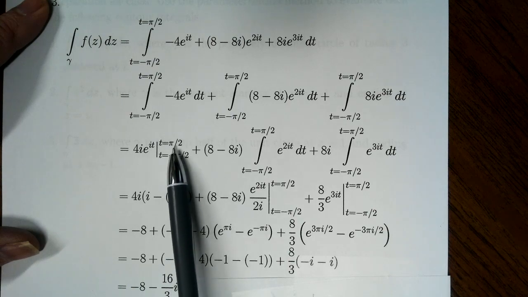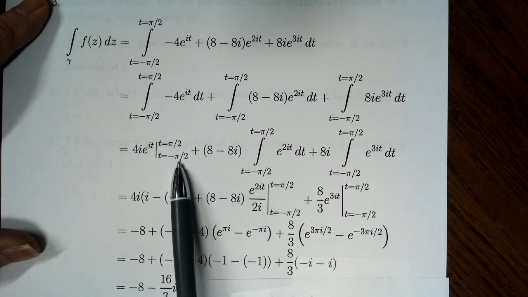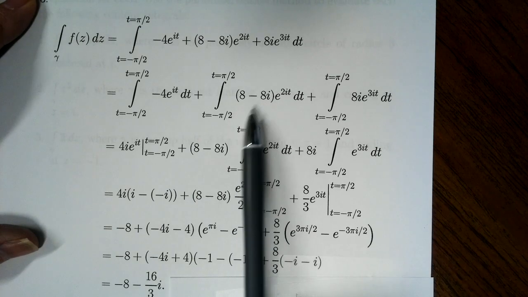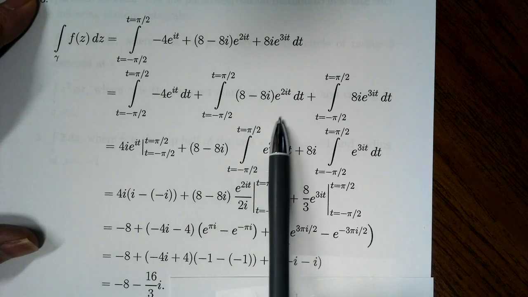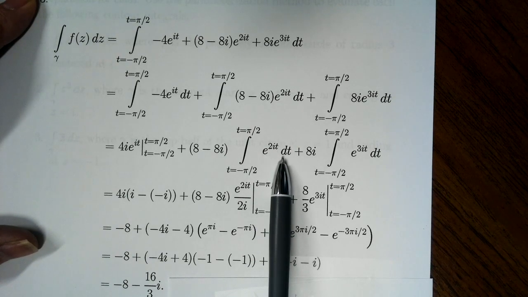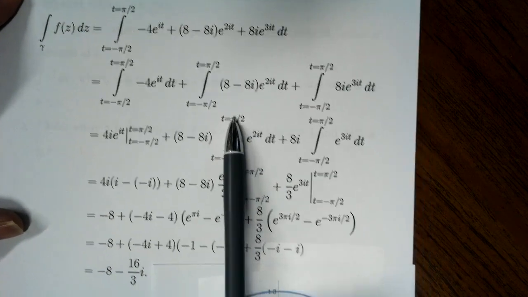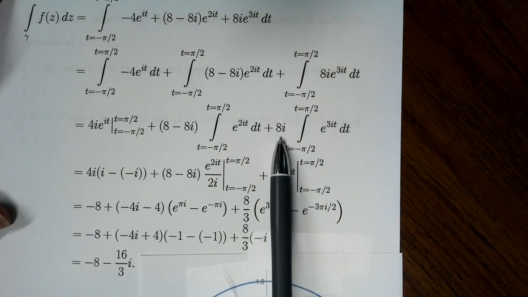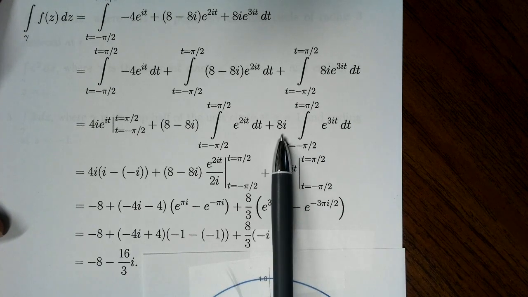We're going to have to evaluate that at pi over 2 and minus pi over 2 and subtract. This is a constant, which I can factor outside the integral. Then we're going to integrate 2i e to the 2it dt from minus pi over 2 to pi over 2. And similarly, 8i is a constant I can pull outside of this other integral.